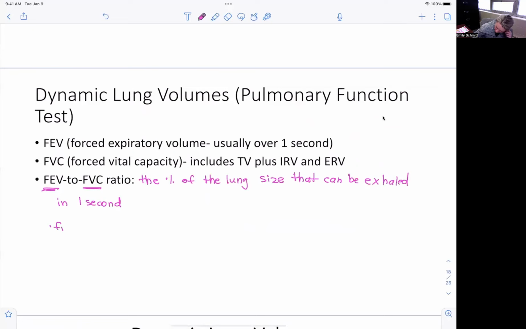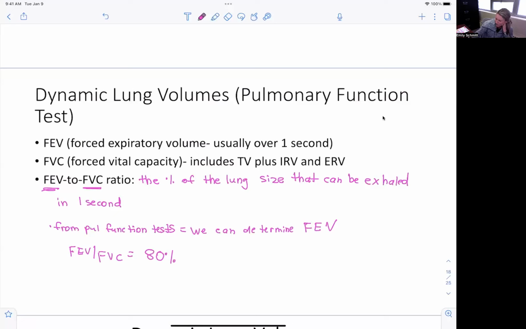So from pulmonary function tests, we can determine our forced expiratory volume. So an FEV over our FVC, we want to see that at 80%. So that means if you have an FEV over FVC ratio, a dynamic lung volume test, of 80%, that means that you have a normal, healthy lung.